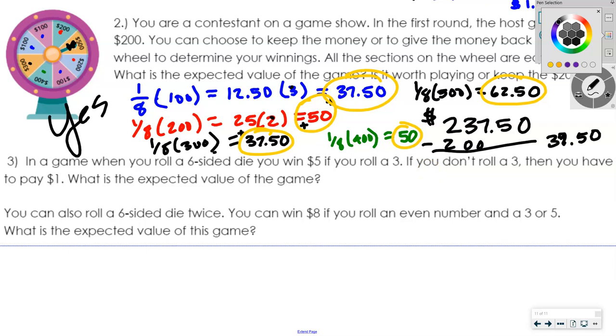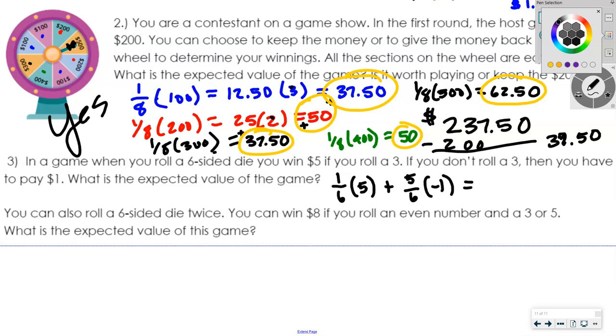Okay. All right. The next one says, in a game when you roll a 6-sided die, you win $5 if you roll a 3. If you don't roll a 3, then you have to pay $1. Okay. So this one is 1 out of 6, you get $5, right? And then if you don't roll the 3, it's going to be 5 out of 6, right? And that's going to be times paying $1, right, y'all?